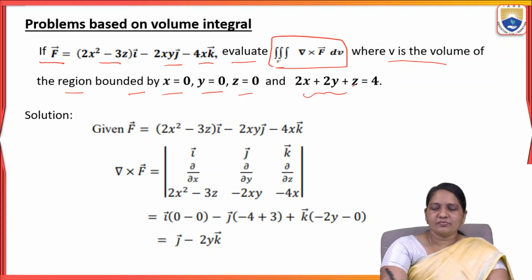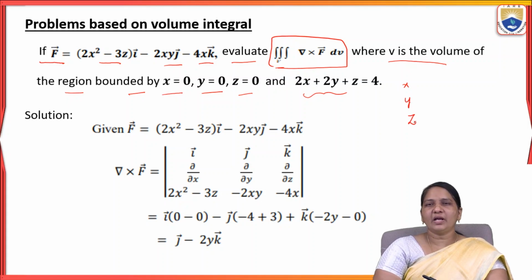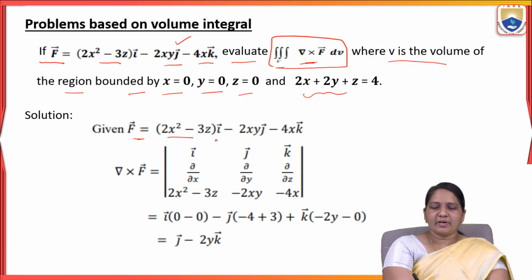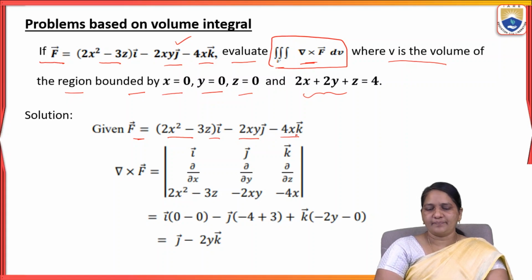By using this, we can get the limits of x, y and z, and we already have f. So by using f, we can calculate del cross f, and by using the limits of x, y and z, we can integrate. First, we write the given data: f bar equal to (2x square minus 3z) i minus 2xy j minus 4x k.